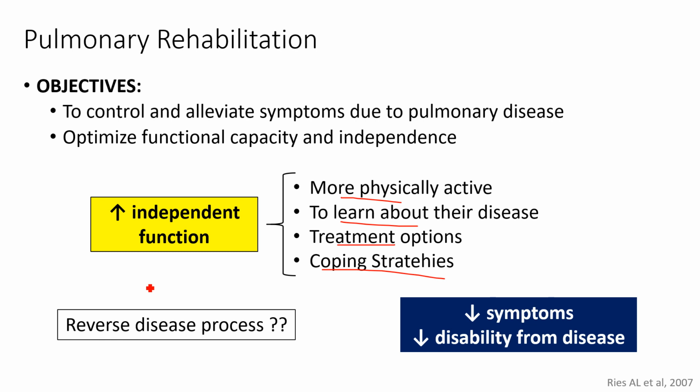But we can decrease the symptoms and disability related to the disease by addressing some of those physical impairments that they often have, such as impaired muscle strength, impaired endurance, dyspnea, stuff like that. They'll still have COPD, but we can allow them to be a little more functional, a little more independent, with fewer symptoms and less disability related to their condition.